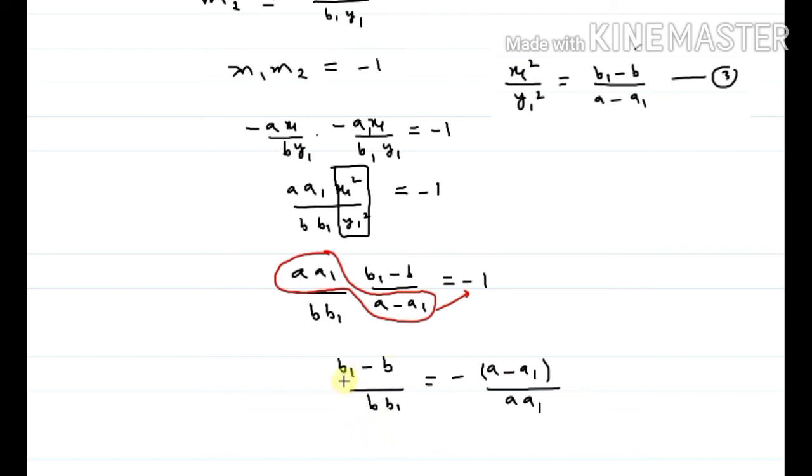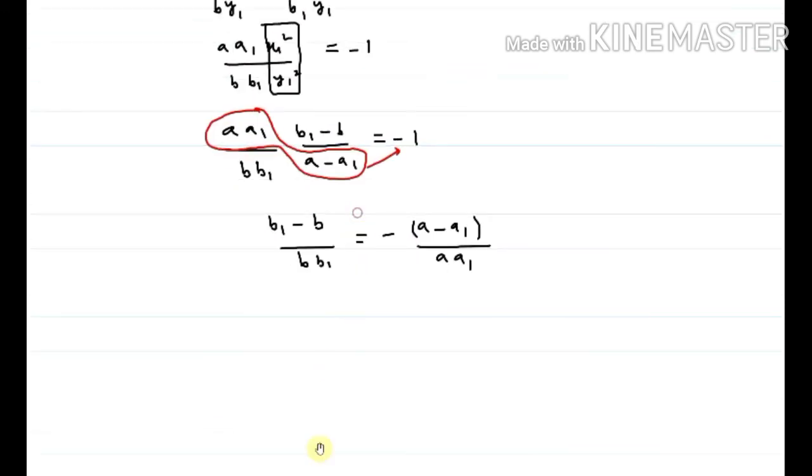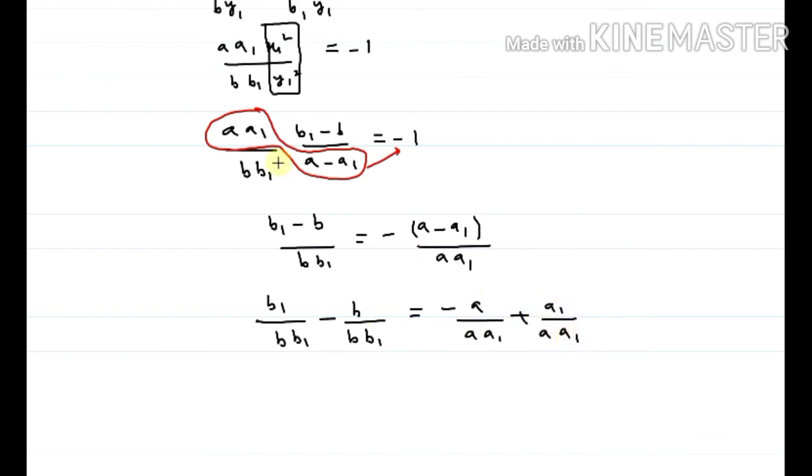Now divide these two terms with b b1 and these two terms with a a1. From that I will get b1 divided by b b1 minus b divided by b b1 is equal to minus a divided by a a1 plus a1 divided by a a1.